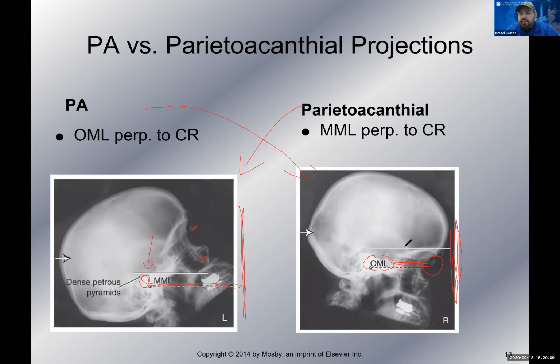In a PA projection, the petrous pyramids fill the entire orbit. But if we extend the head like in the Waters projection, those petrous pyramids move below the orbits and below the sinuses, moving them out of the way. That's what they're showing you: how different projections and positioning of the patient benefit us.